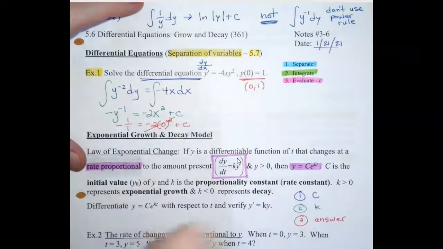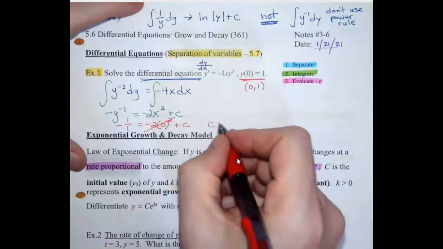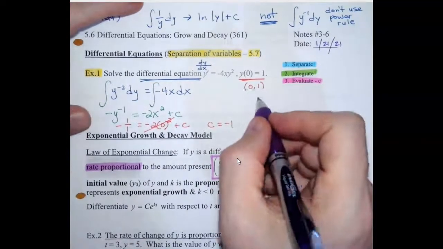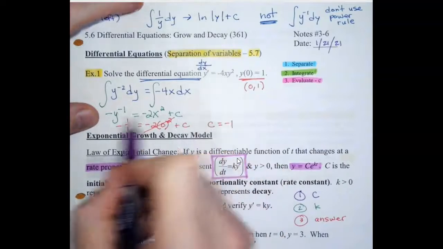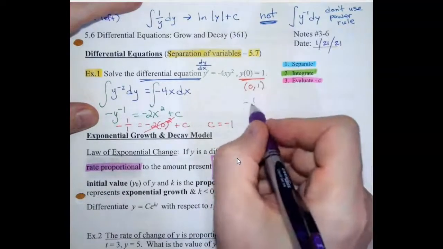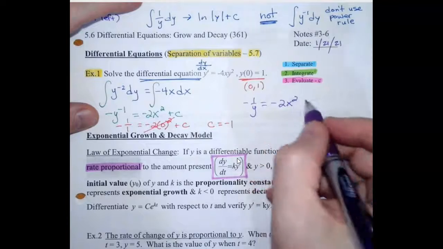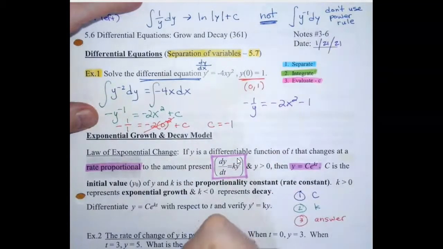So that's 0. So we get that c equals negative 1. And then, if we wrap that up, we go back to here and plug the negative 1 in. So this was negative 1 over y. And then we have negative 2x squared minus 1.